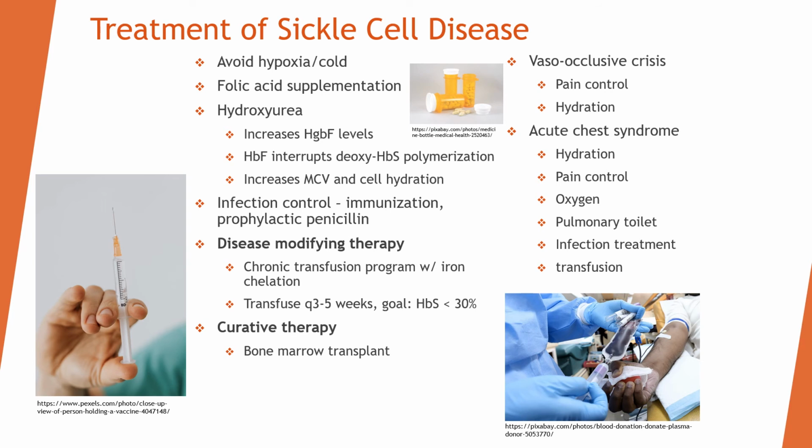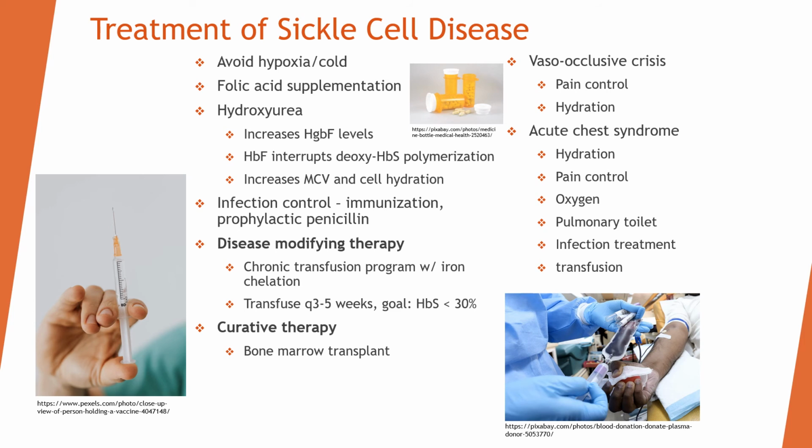Hydroxyurea increases the hemoglobin F levels, which interrupts hemoglobin S polymerization in the oxygenized state. It also increases MCV, which is an average size of the red blood cell, and cell hydration as well.